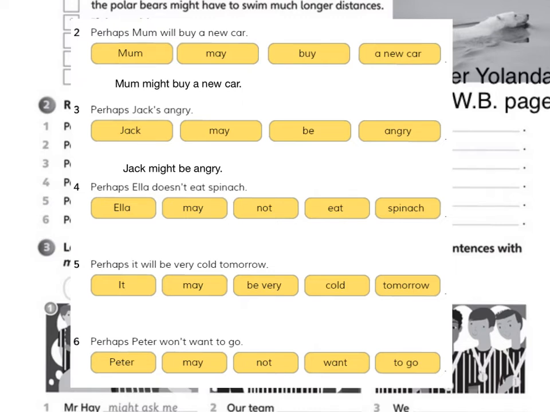The one of Ellie. Ellie might not, but remember that might not can also be shortened to mightn't. Mightn't eat spinach. Next one. It might be very cold tomorrow.